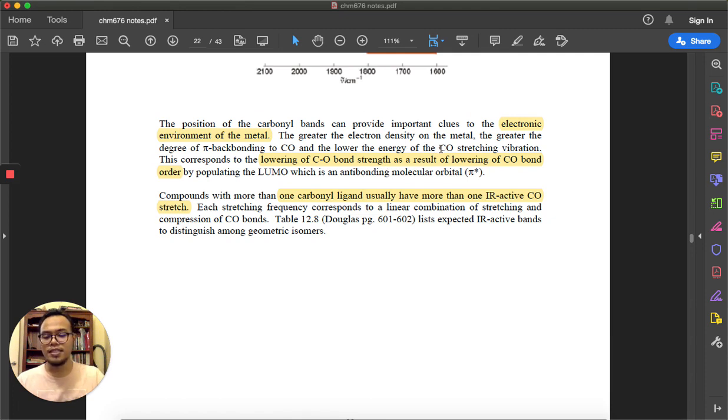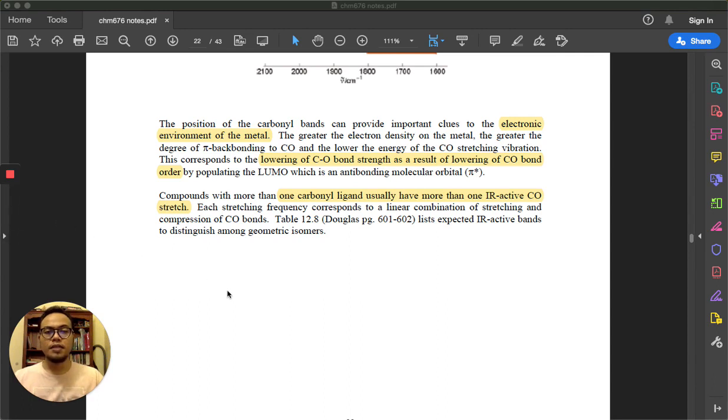Definitely, because as I said, metal is electropositive by nature, so it has a higher tendency to be giving back the electrons that it is obtaining from the ligand.